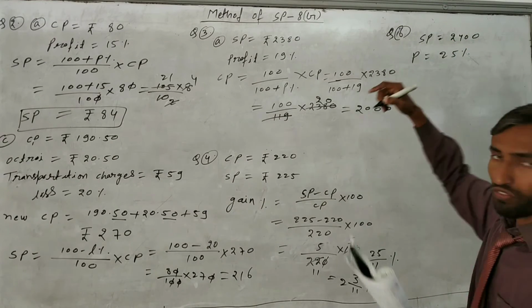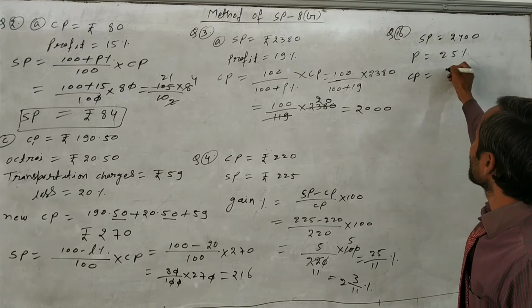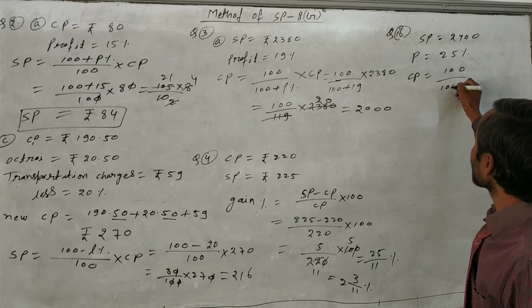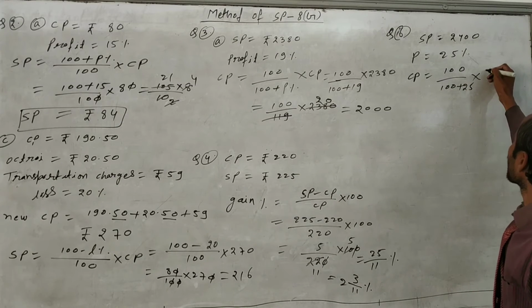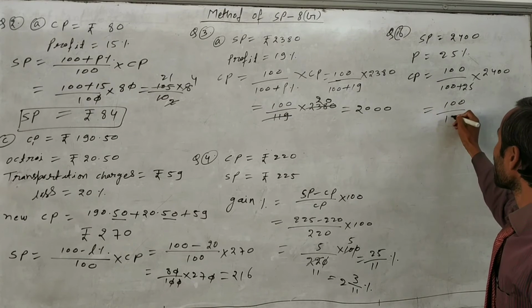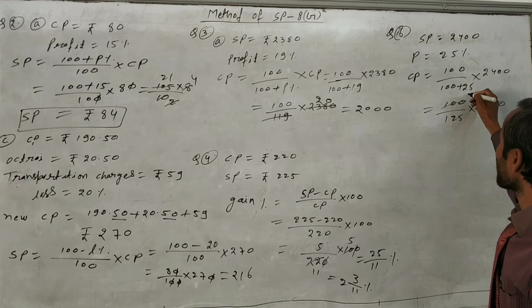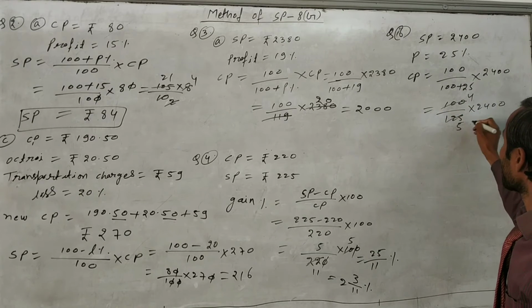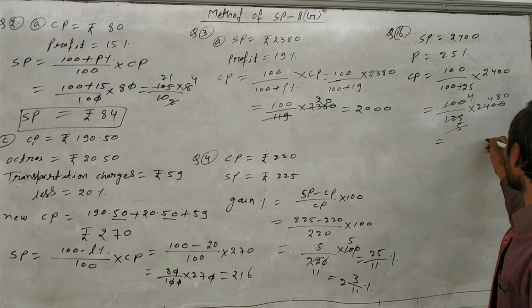Based on this we first have to find CP. So CP is 100 upon 100 plus profit, means plus 25, into 2400. Then it will become 100 upon 125 into 2400. Now cancel out: 25 4 the 25 5. Now we can cancel out 480.